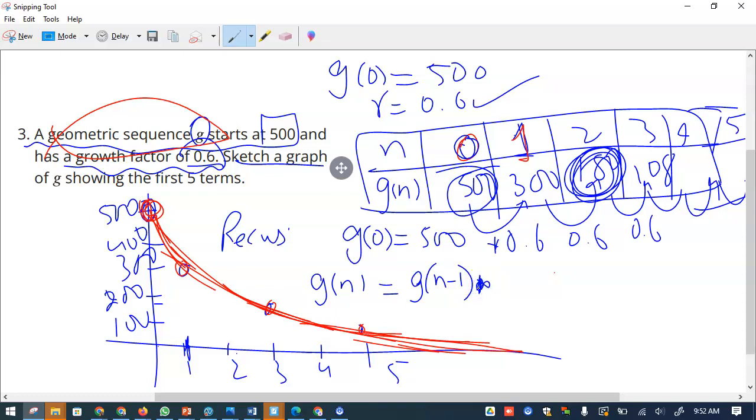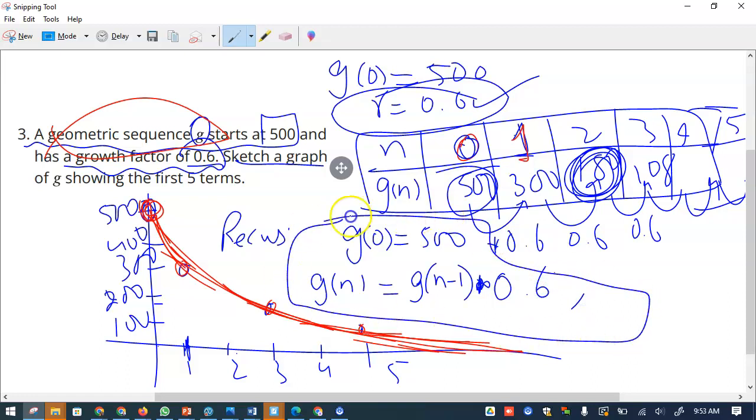That is, common ratio is 0.6, and this is how you're supposed to write this one for n greater than or equal to 1 here, because in this case there is a 0, so you have to be careful. This is 0, then this is 1.